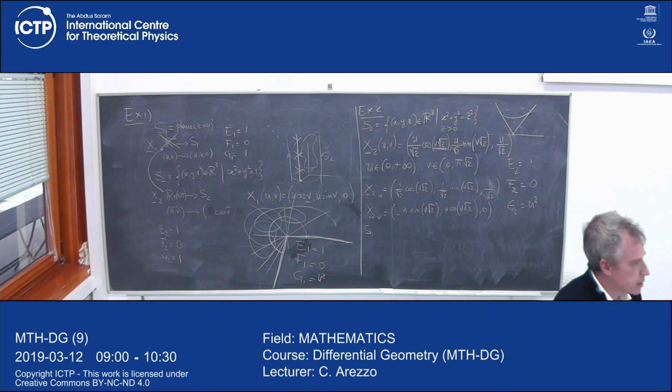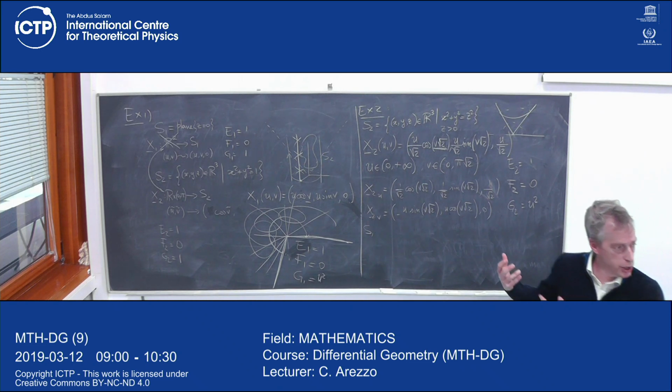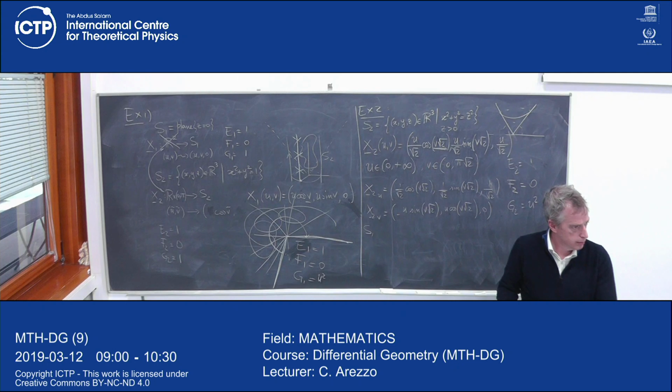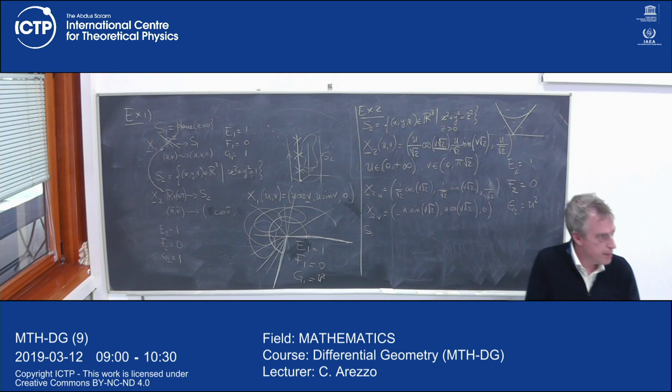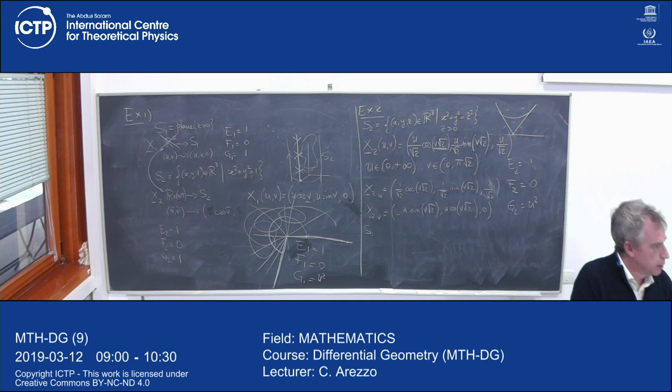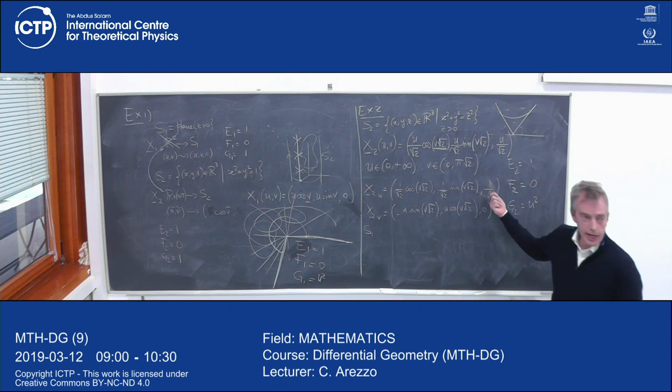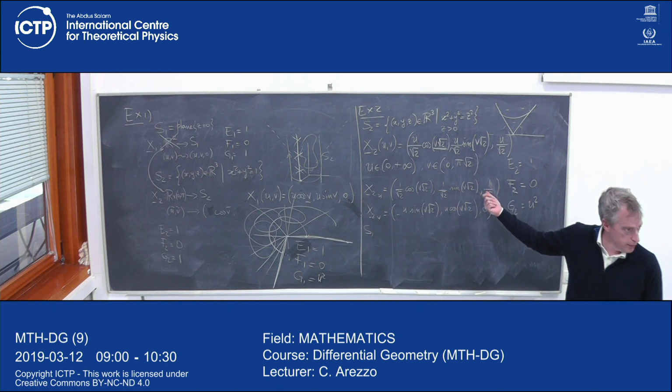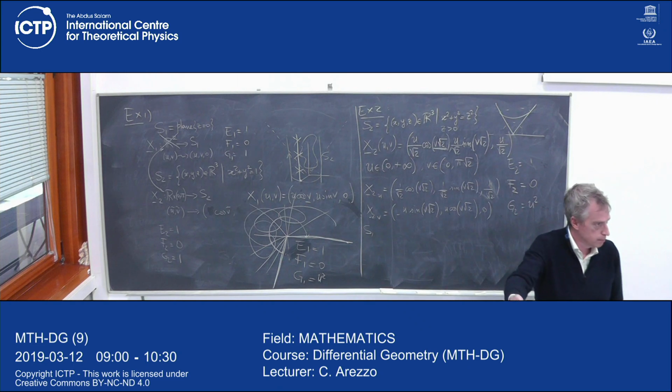So if you are able to compute the length of a curve, then you define the metric as the infimum of the length of curves. And now an isometry in this language is something which preserves the length of curves, so it preserves the distances. Okay?